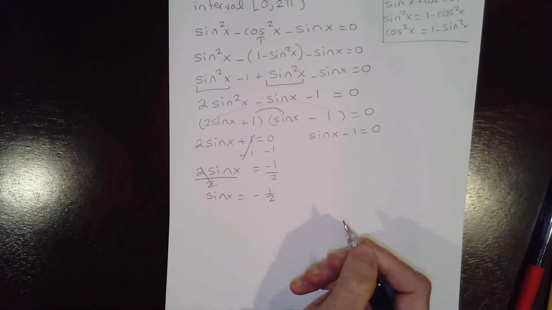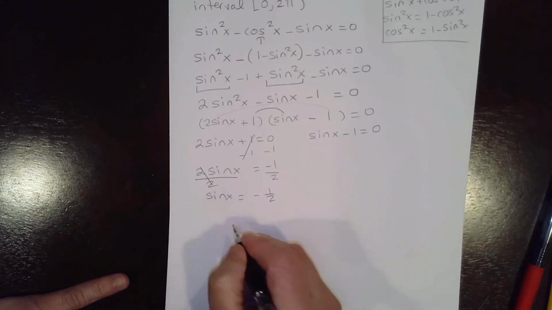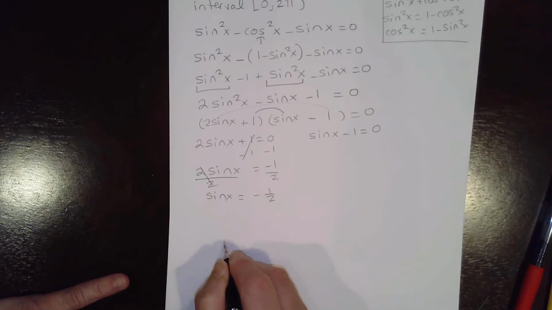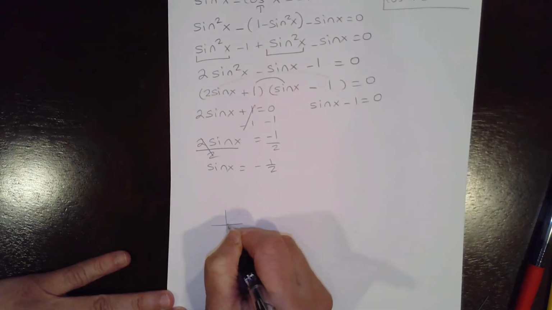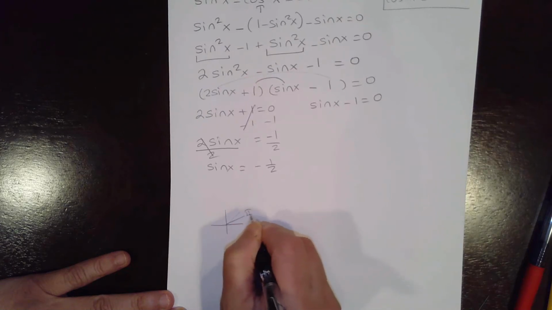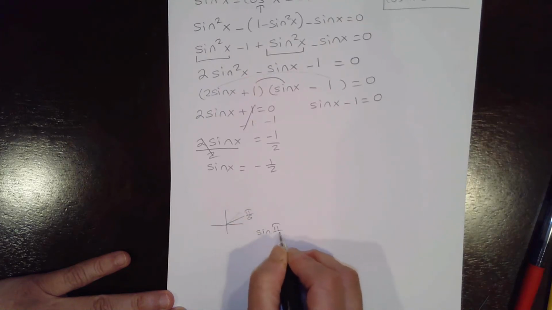Now, if you recall, sine pi over 6 gives us 1/2. So let's go ahead and graph it quickly here. Here, this is pi over 6, and sine pi over 6 is 1/2.